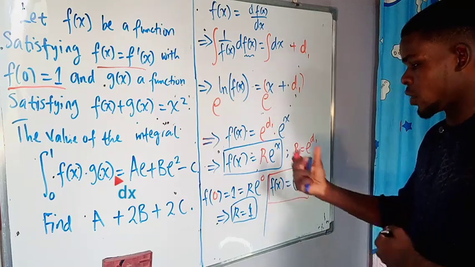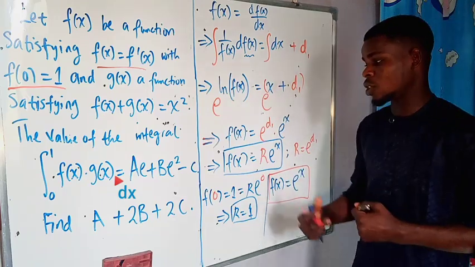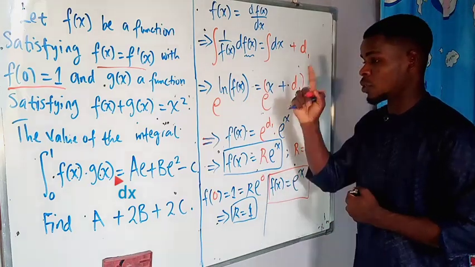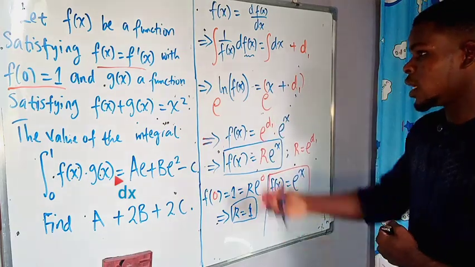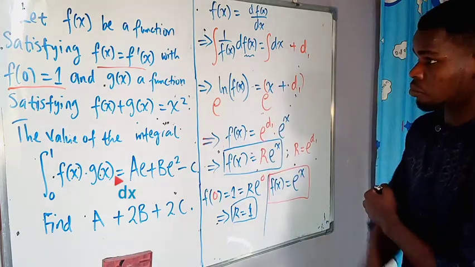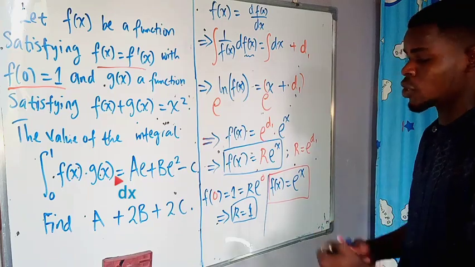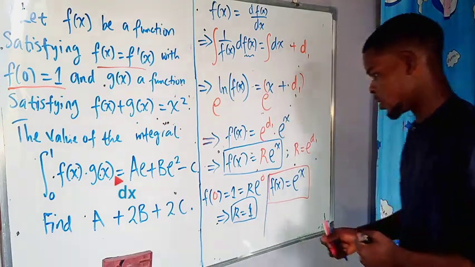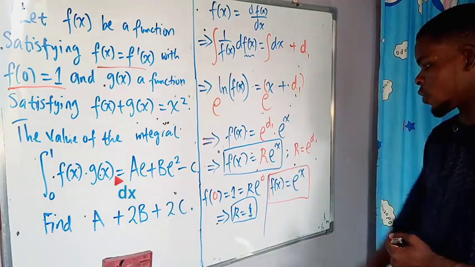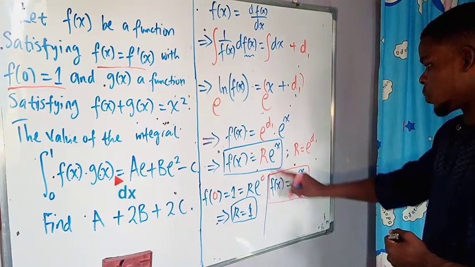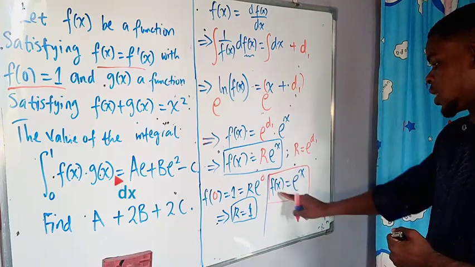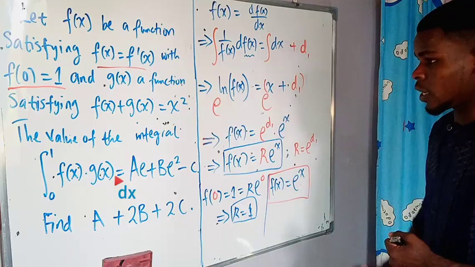If you have 2 or 3 arbitrary constants, depending on the order of the differential equation that was given, then you would also have as many initial conditions, just to make sure that you evaluate all your arbitrary constants. So we've gotten our r to be 1 from the initial condition, and substituting 1 in place of r here, we have our particular function, which is e to the power x.